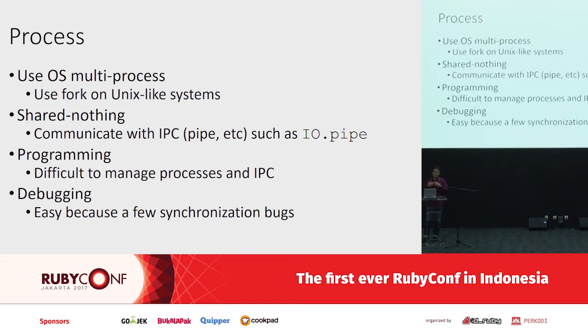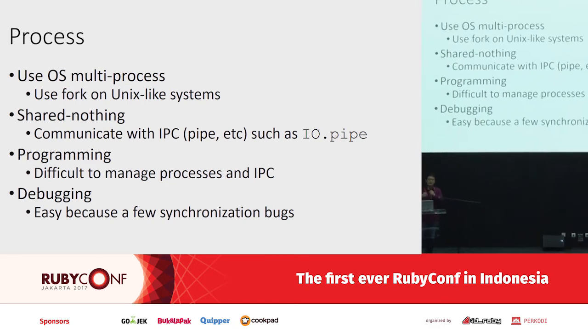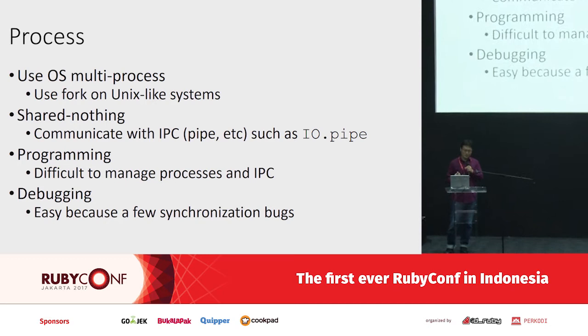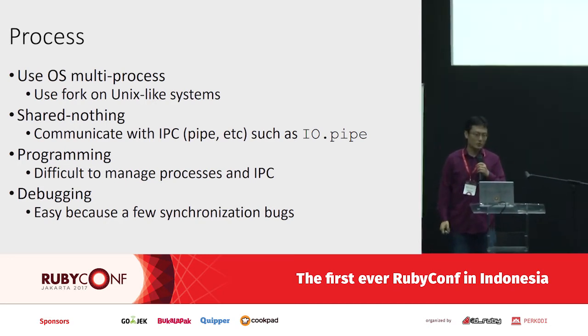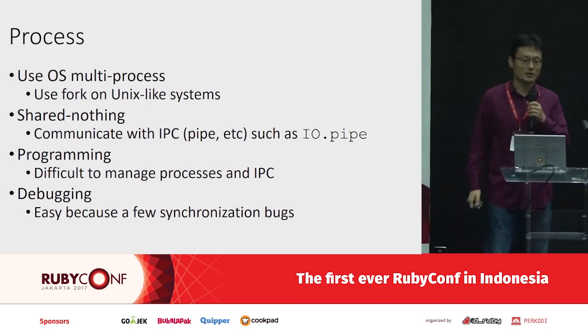The characteristic of process is the shared-nothing model. It means that we need to communicate between processes with some overhead. The programming is difficult to manage each process and difficult to communicate with each other. But debugging is maybe easy because there are only a few synchronization bugs.